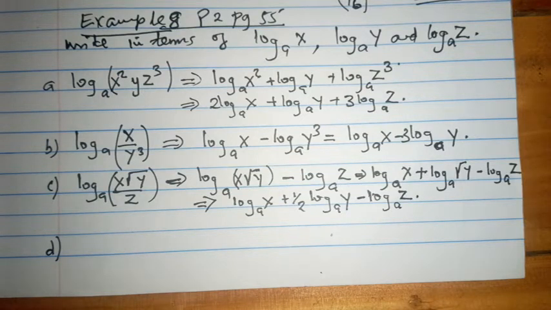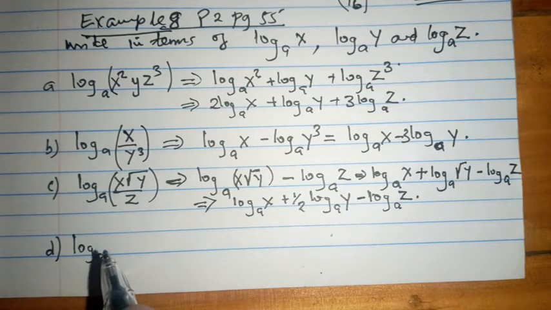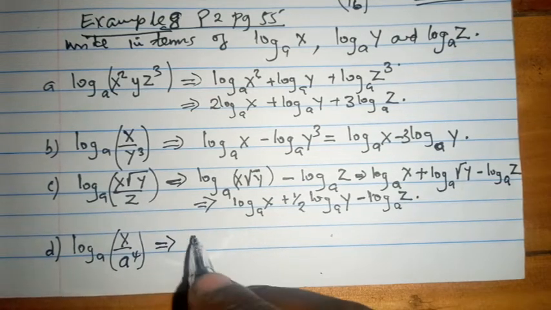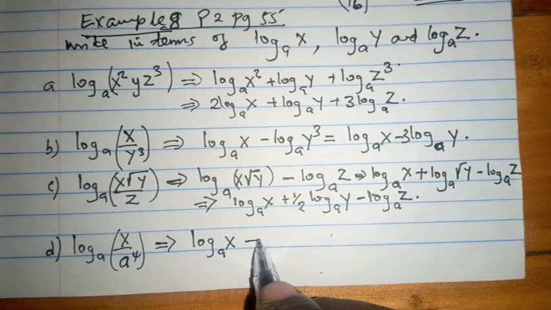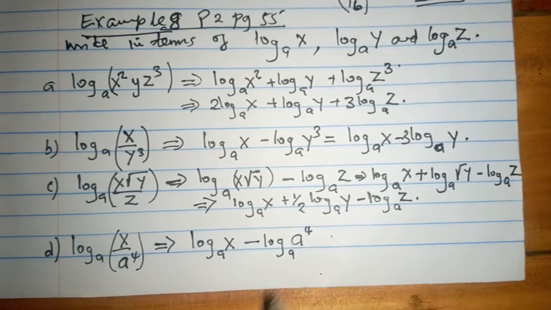Part d, we have log to base a of x over a power 4, which is the same as log to base a of x minus log to base a of a raised to power 4.